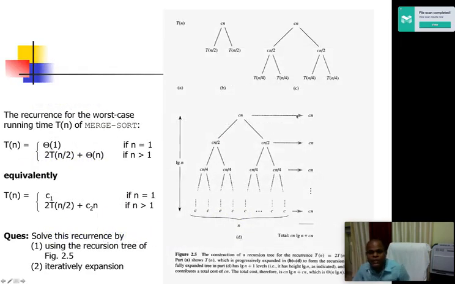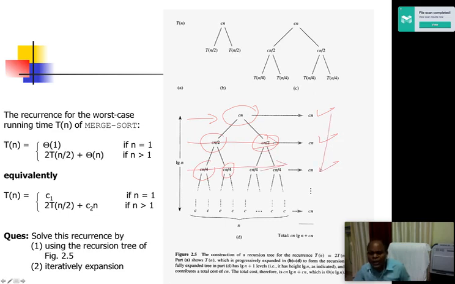Hence, in order to calculate the time complexity, we have to add the computation in each node. The computation in this level is Cn; in this level it is Cn by 2 plus Cn by 2, that means Cn. The computation in this level is also Cn by 4 plus Cn by 4 plus Cn by 4 plus Cn by 4, that is Cn.